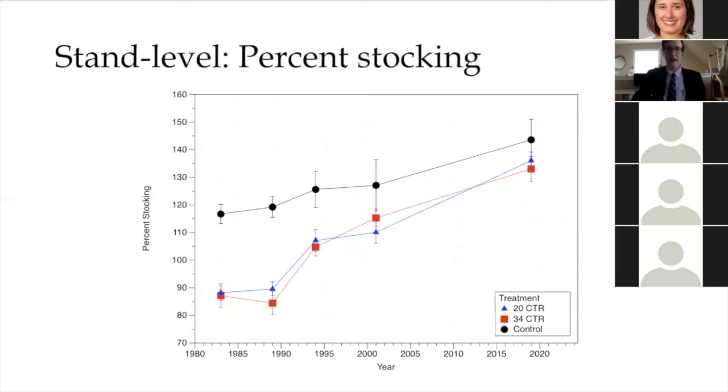Another way of looking at it is this percent stocking chart. The control treatment is on average overstocked. See, it's above that 100% level throughout the rotation here. And the released treatments are just below overstocked, and over time they converge with the control treatment and reach that upper limit of stocking.